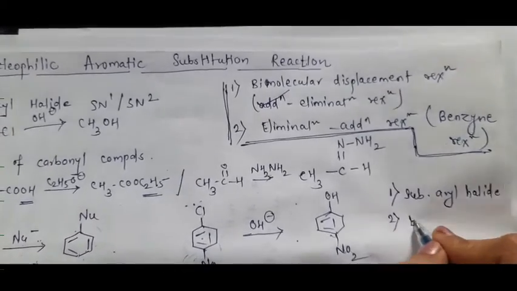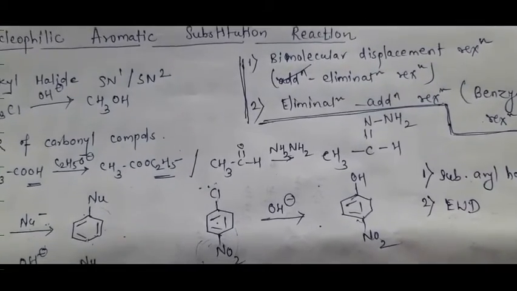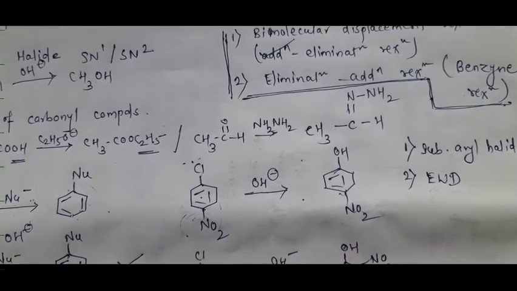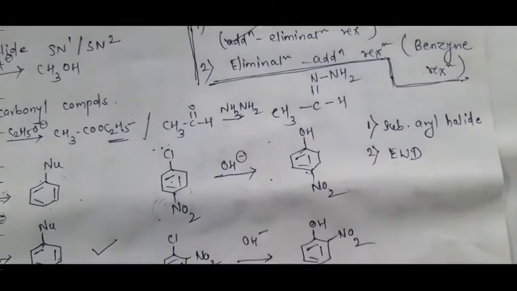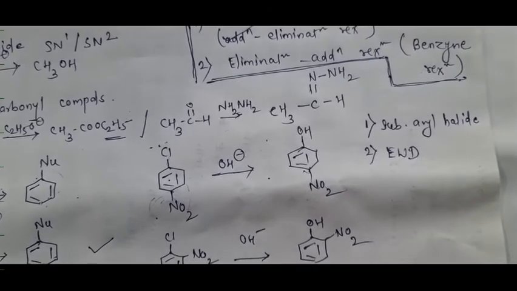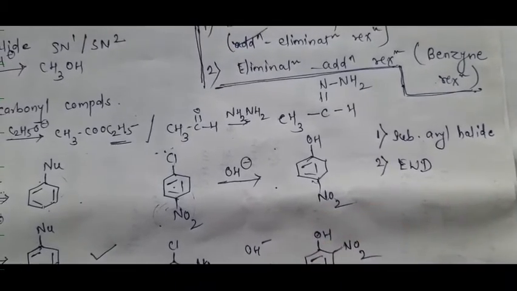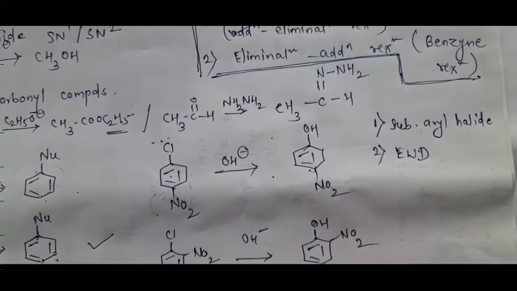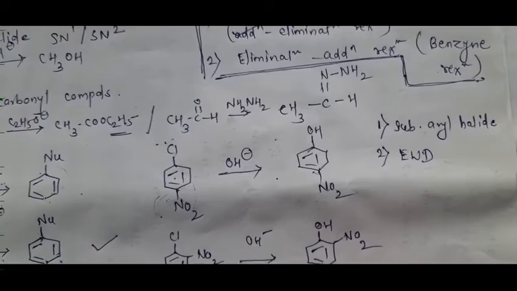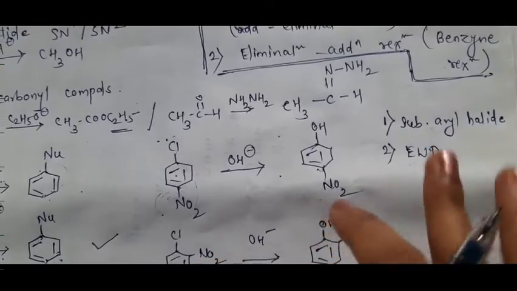This substitution has to be an electron withdrawing group, for example NO2. The aryl halide can have Cl, Br, F, anything, but as you all know, Cl and Br are the most reactive ones. As an electron withdrawing group, I may have NO2, CN, COOH, CHO, all those groups which you have already come across, which are electron withdrawing. Any of them I can have.